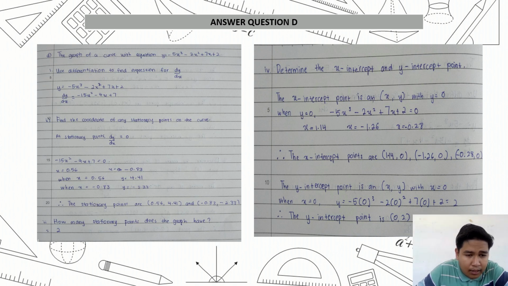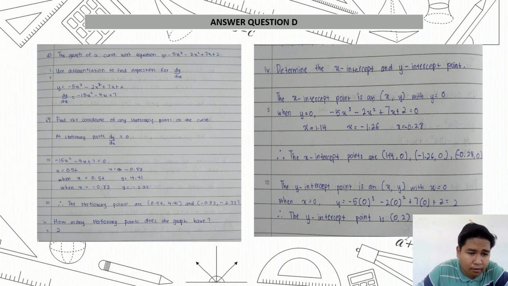So the conclusion, the stationary points are (0.56, 4.41) and (negative 0.83, negative 2.33). Okay.